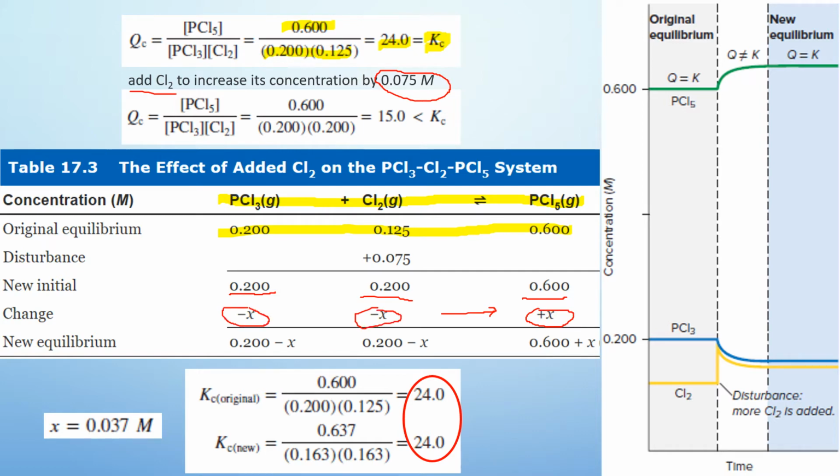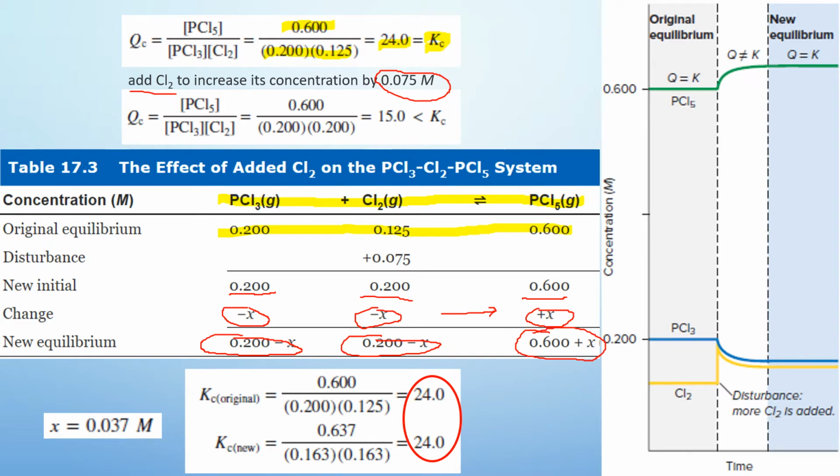So for the reactant, we have minus X to represent the change of this concentration, and for the product, we have positive X. So the concentration at the new equilibrium for chlorine is equal to 0.2 minus X, where 0.2 is the new initial value. For the product, it's going to be 0.6 plus X.